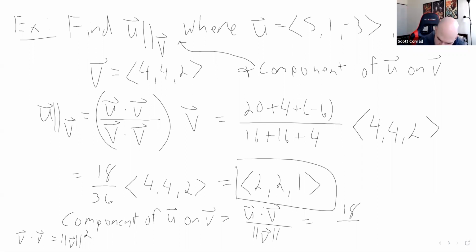So the magnitude is going to be the square root of that, which is 6. So we get the component of u on v is 3. Any questions about that?